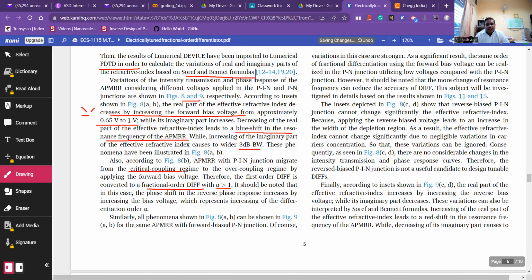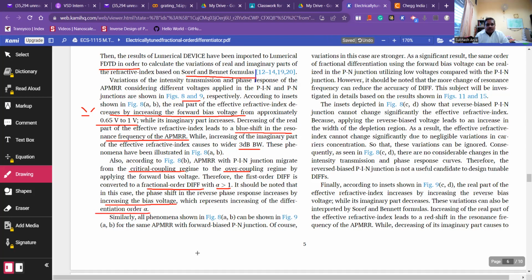So critical coupling to overcoupling, this is what is called a fractional order differentiator with alpha greater than 1. It should be noted that in this case, the phase shift in the phase response increases by increasing the bias voltage, which represents increasing the differentiation order alpha.